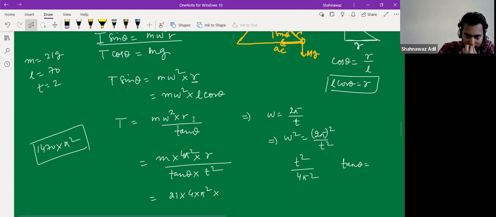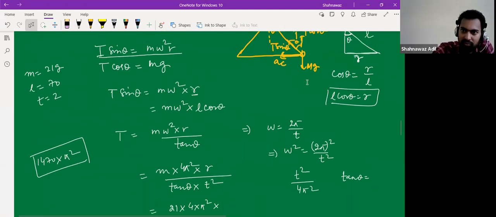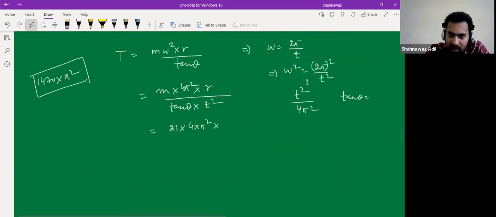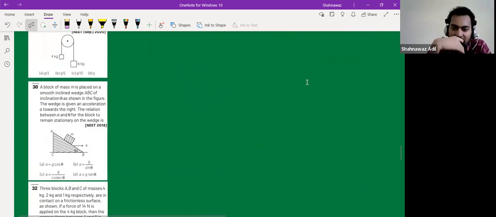So my tan theta is not cancelling, right? My tan theta will be R by root over L square minus R square. So there should be a value of R, right?